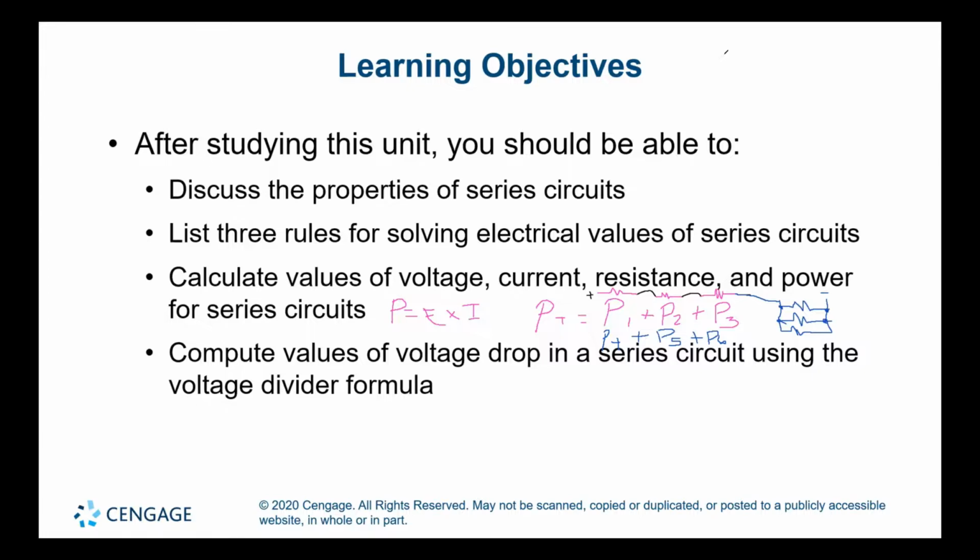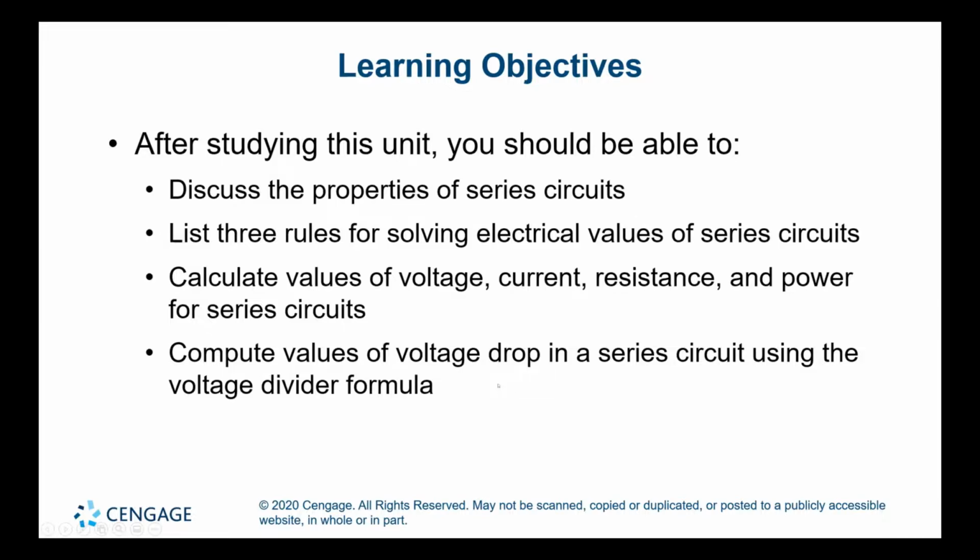Okay, so the last thing that I was telling you was that the three rules that we are going to be discussing apply to voltage, current, and resistance, and that power is always the same regardless of the way the resistors are connected to form a circuit, okay?